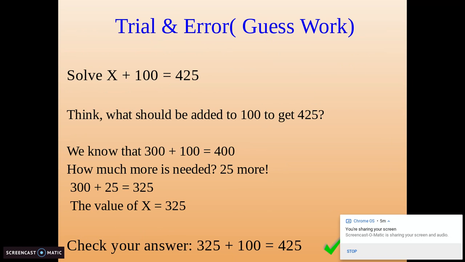So we can write this as 300 plus 25 is 325. So the value of x will be 325. It is like checking what value of x will fit here, so that x plus 100 should be equal to 425. So just by guesswork, you can see the value of x is 325.